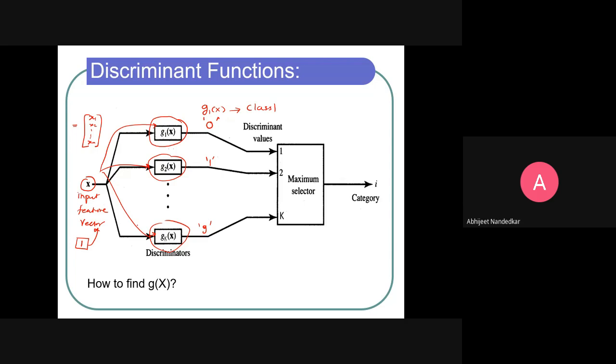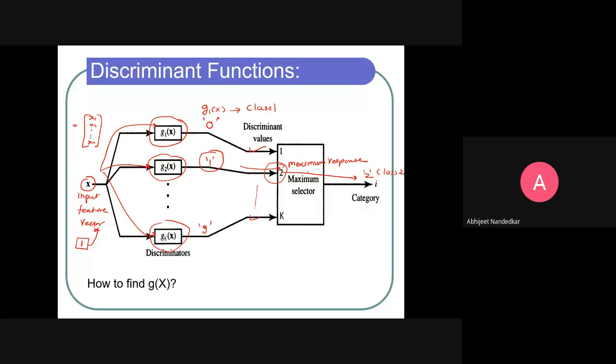Then this function g2x, which is responsible for digit 1, will produce maximum response, and the other nodes will produce less than this node. So the winner class index is supplied as output. If the winner class index is 2, then I will say the input belongs to class 2.